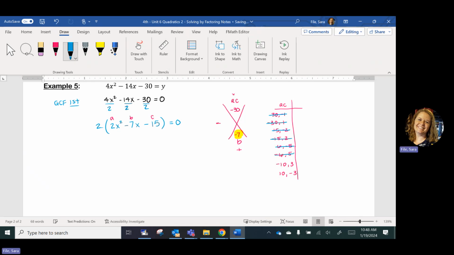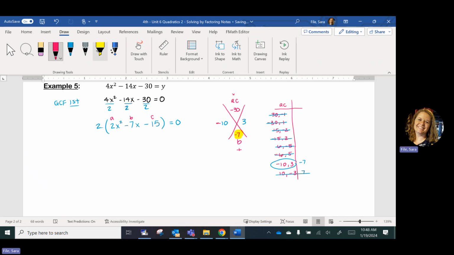Nope. 10 and 3, the difference is 7. Okay, but which one do we want to be the positive and which one do we want to be the negative? We want a negative 7 for our sum. That one would have given us positive 7, so that's not it. That's the one. So it's negative 10 and positive 3.